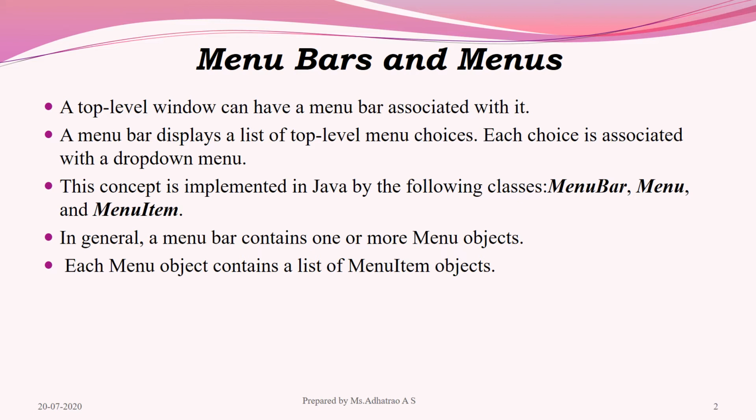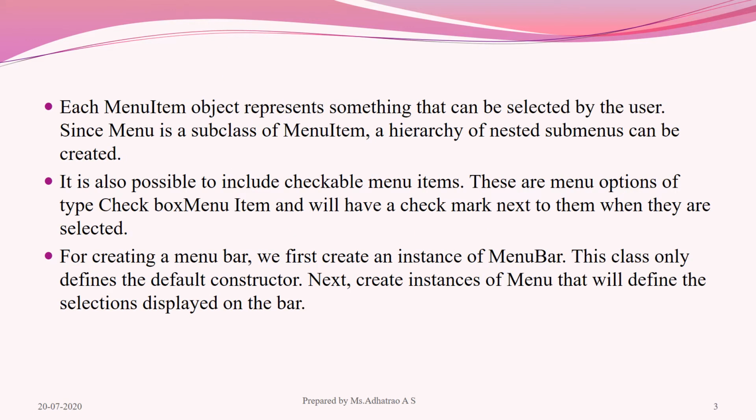So File is a menu, and under the File menu there are a number of menu items such as New, Open, Save As, Print, and so on. Each MenuItem object represents something that can be selected by the user. Since Menu is a subclass of MenuItem, a hierarchy of nested submenus can be created.